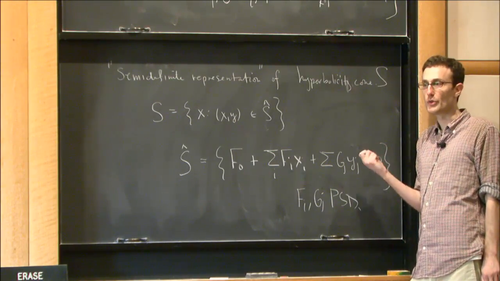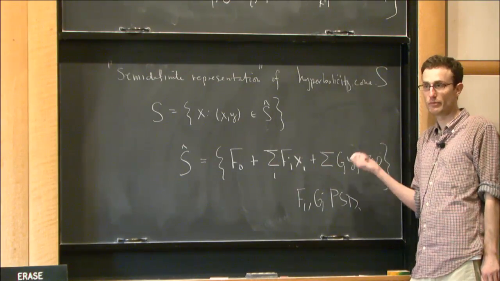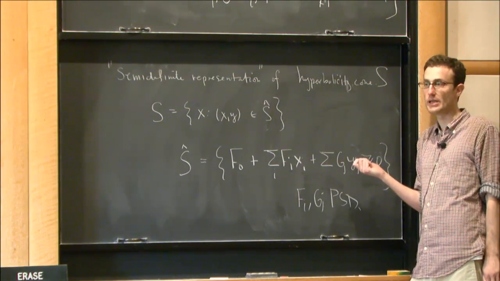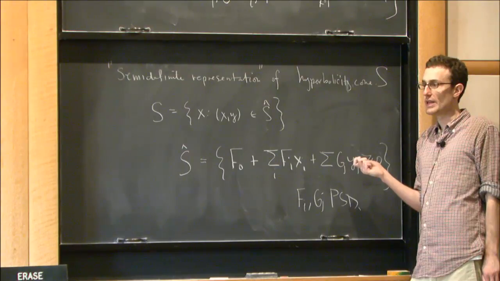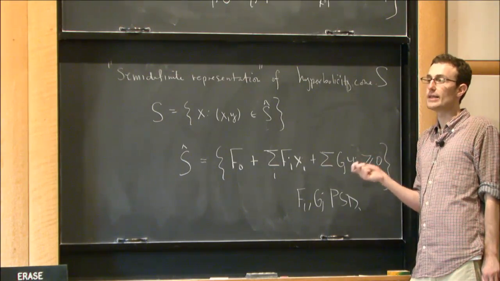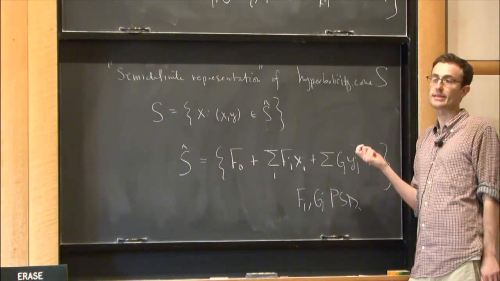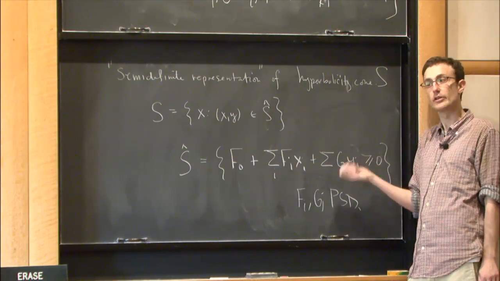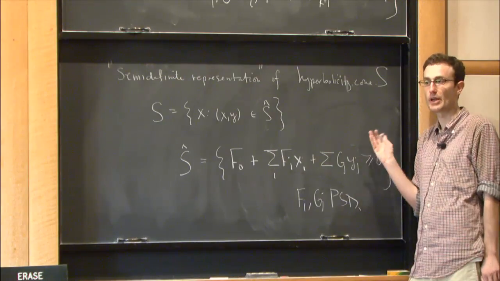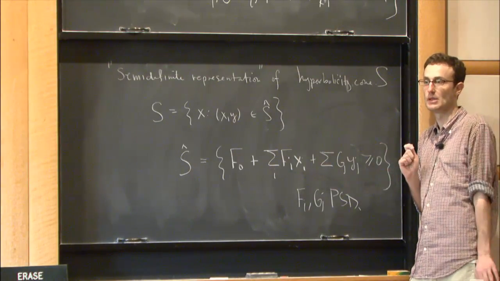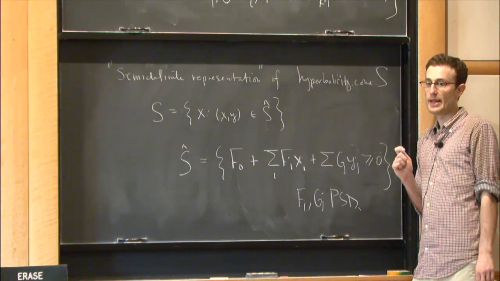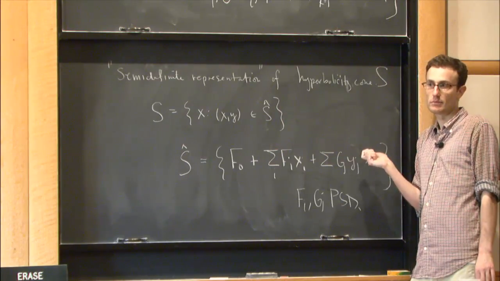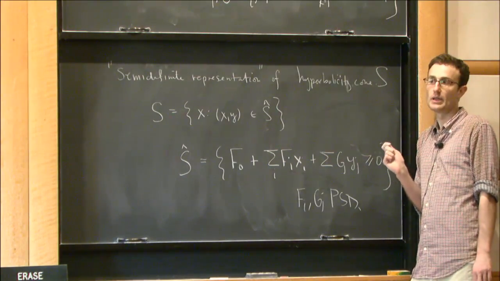Jim Renegar was doing them originally, and his hope was that the derivative cones would be relaxations. You could take an SDP and then take relaxations of it by just taking the derivative. But that didn't really pan out as he had hoped.